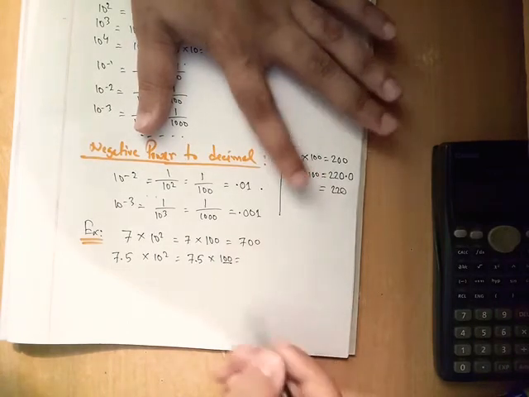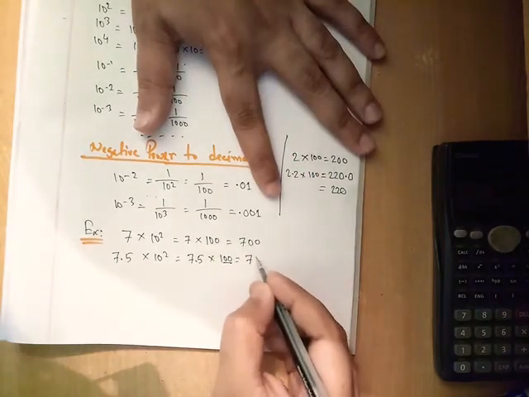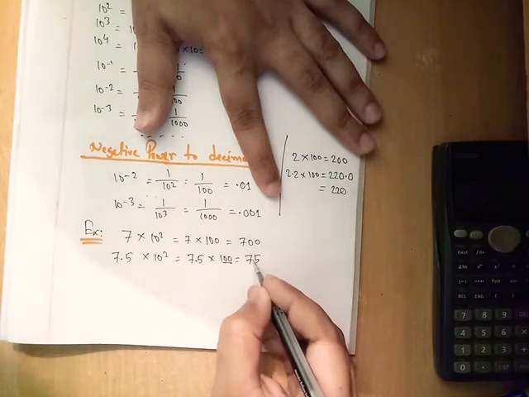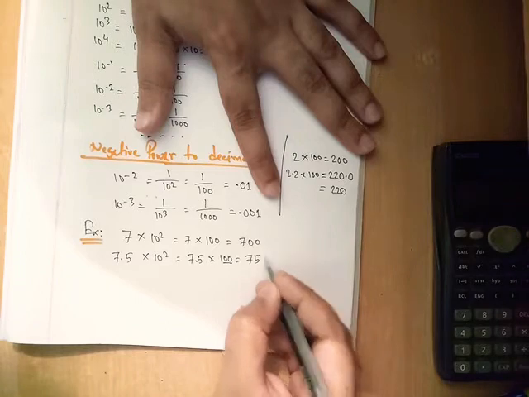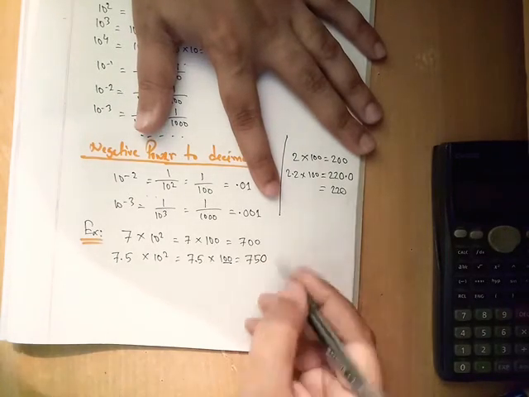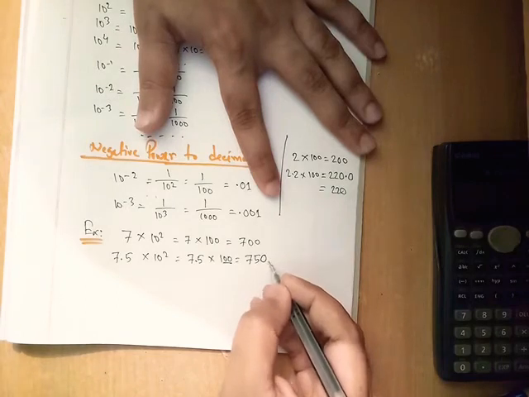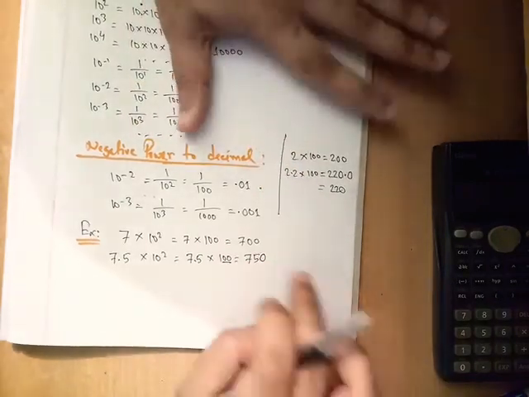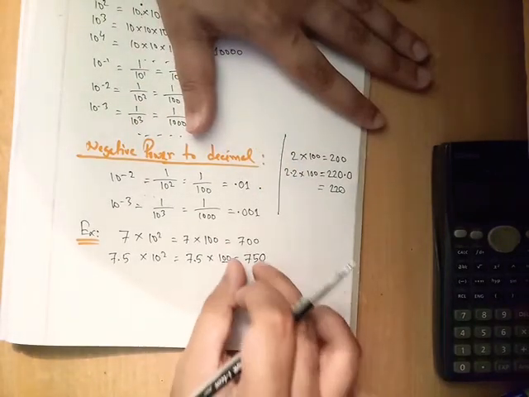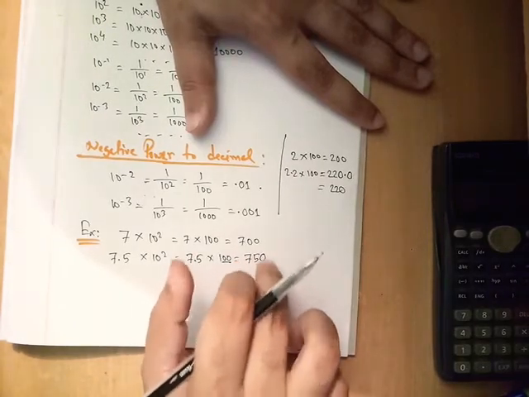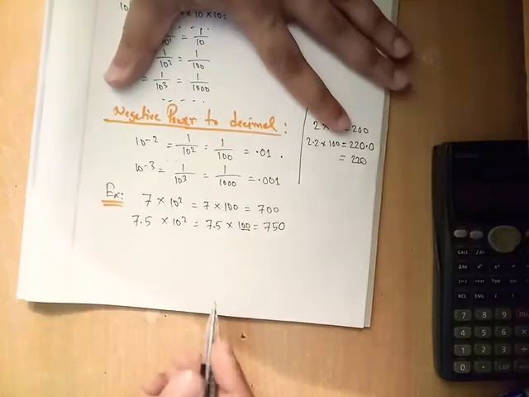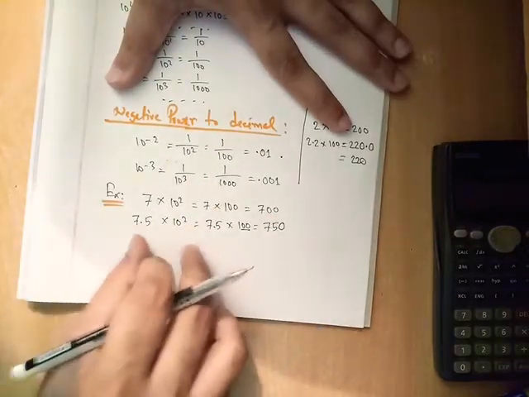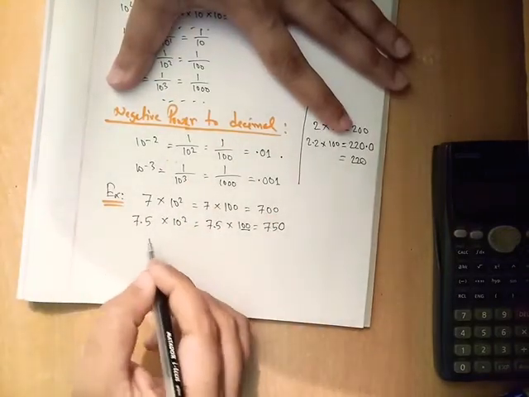I need to fill that up with a 0. So this decimal point from here moves 1 place, and it needs to move another place, but there is a vacancy, so I will fill that up with a 0. And after that I can place the decimal point, or even if I don't, it's the same thing, because after a whole number, as 750 is a whole number, the decimal point carries no value, so it gives us back 750.